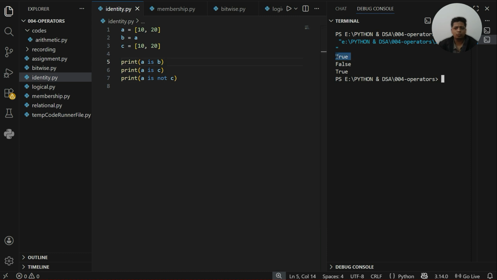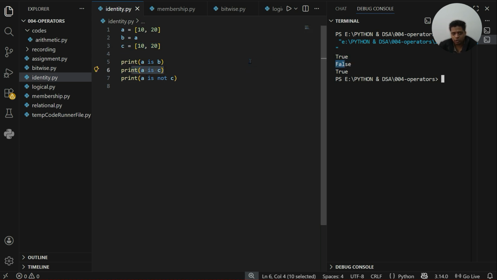So A is B is true. Basically, the identity operator compares two values and shows whether they are the same or not. So print A is C, where A is equal to 1020 and C is equal to 1020. A is C, it is showing false.